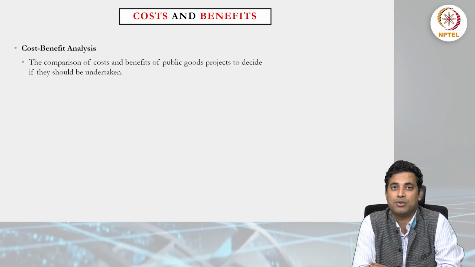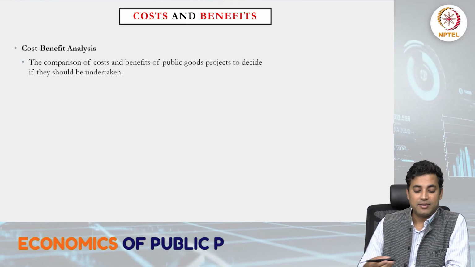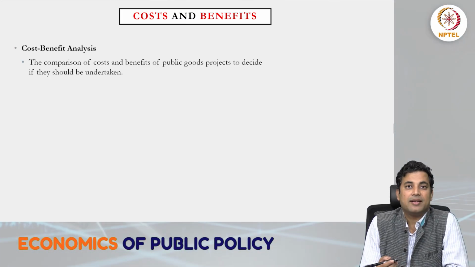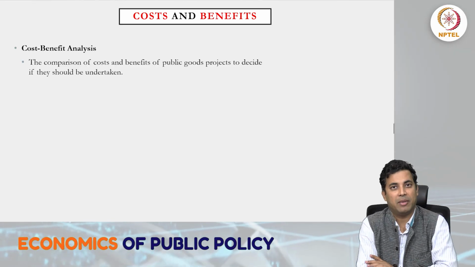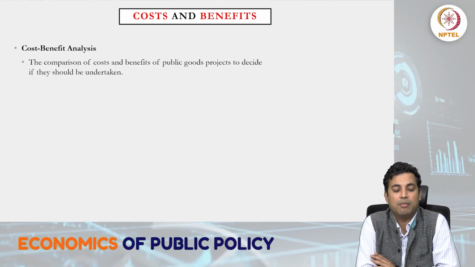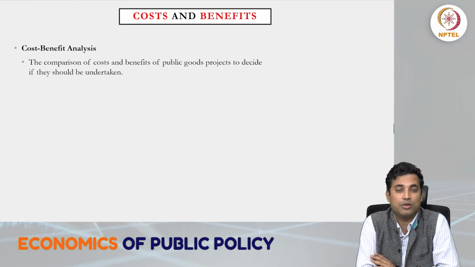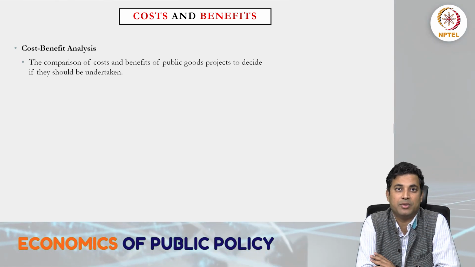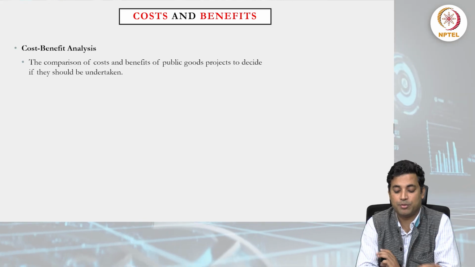Trade-off is very important to understand while calculating cost. Even while framing the public policy, it is necessary to calculate the costs involved and the benefits we are expected to derive from the particular public goods projects.